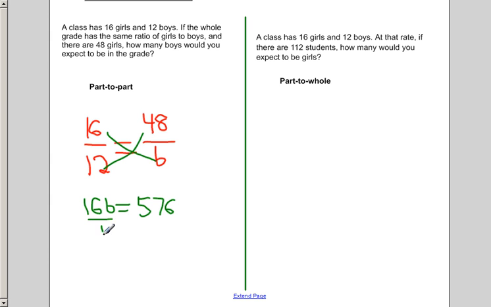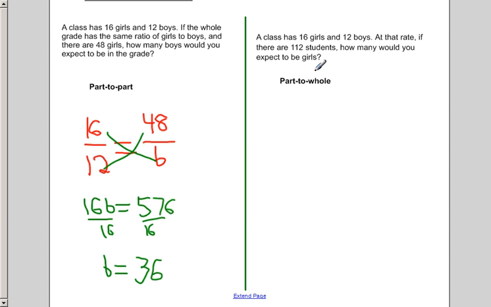Then when we divide by 16, we find out the number of boys, that other part, is 36. And we can actually look back and see, okay, here there are 3 times as many girls as there were here, so we should expect 3 times as many boys. 3 times 12 is 36.